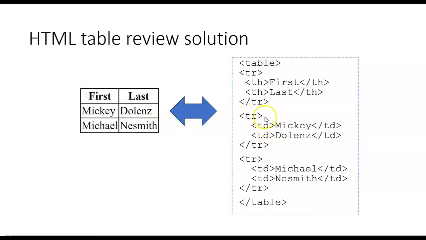Okay, so if you had this or something close to it, you're probably in good shape. And by close, I mean there's no reason that you have to, like you might have chosen to put all this on one line. That's fine, but the important things to take away are the placement of the table tag, the placement of the 1, 2, 3 TR tags, and the use of TH for the header and the use of TD for the data.